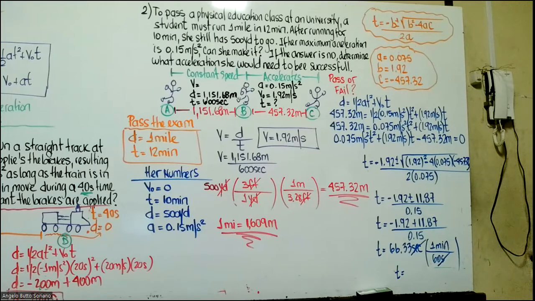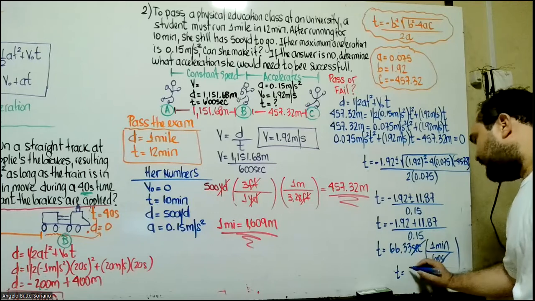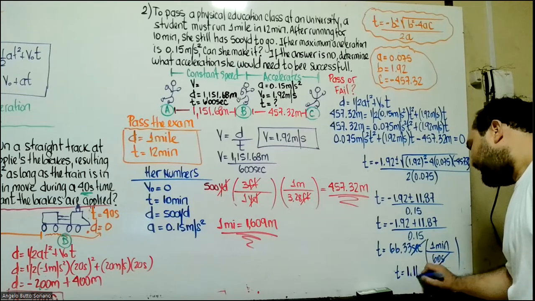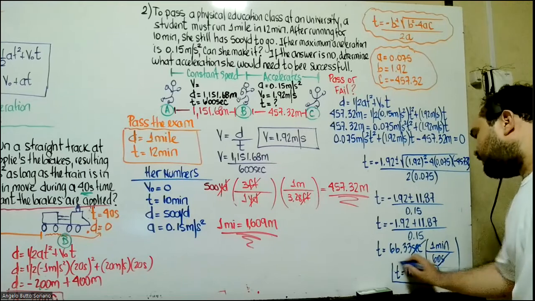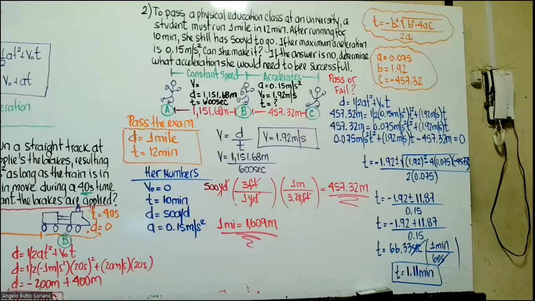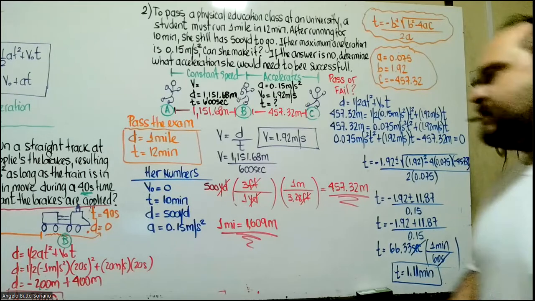So we got 1.11 minutes. So she is going to move 457.32 meters, with an initial velocity of 1.92 meters per second and an acceleration of 0.15 meters per second squared, after the first 10 minutes, okay.